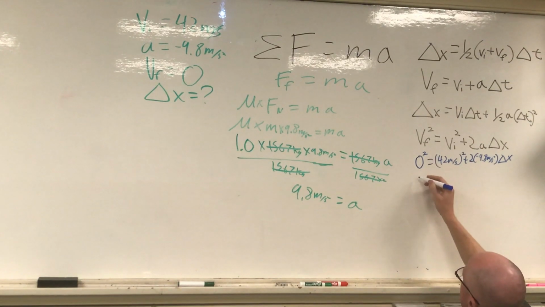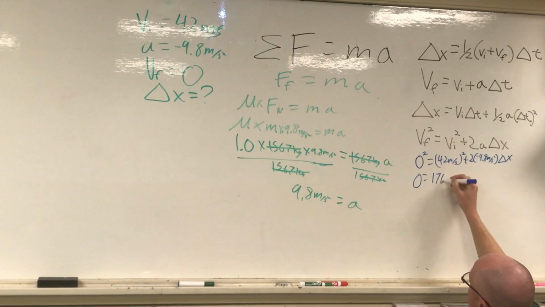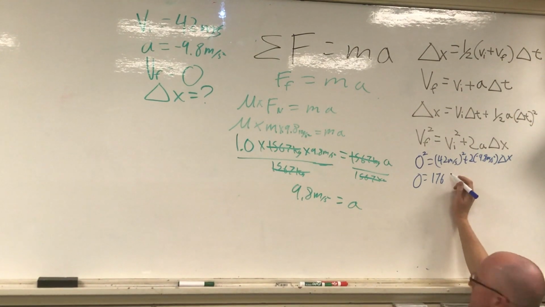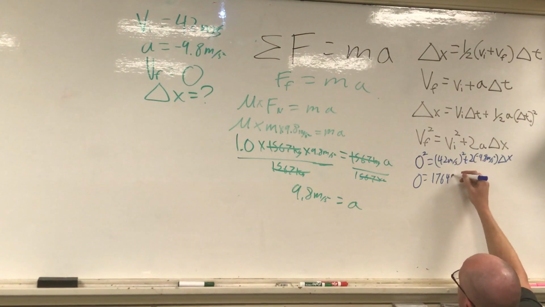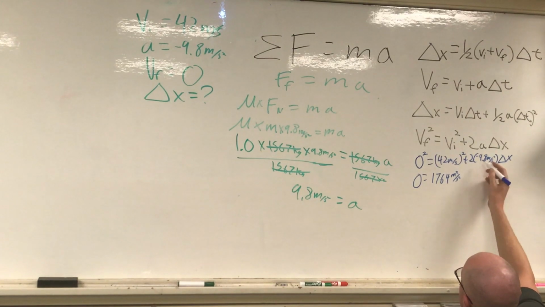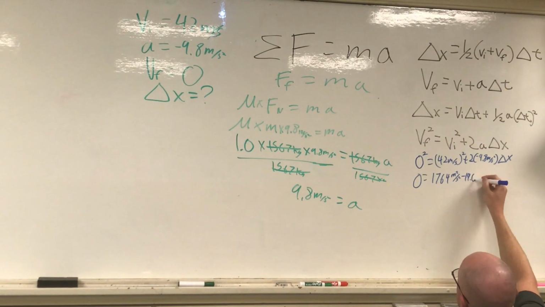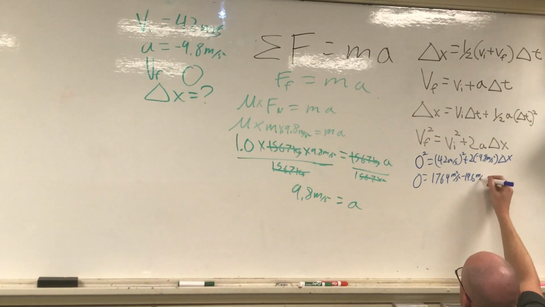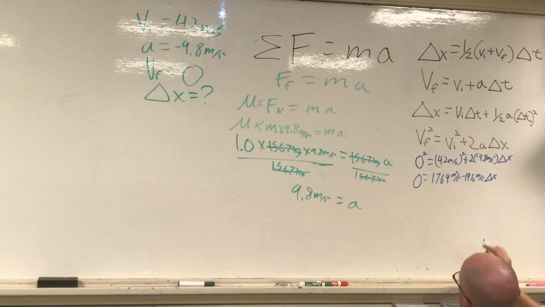So 0 squared is 0, which is equal to 1,764. Now, I even squared the units, so that becomes meters squared, second becomes second squared. Okay, plus a negative 2 times 9.8 is minus 19.6 meters per second squared times delta x.